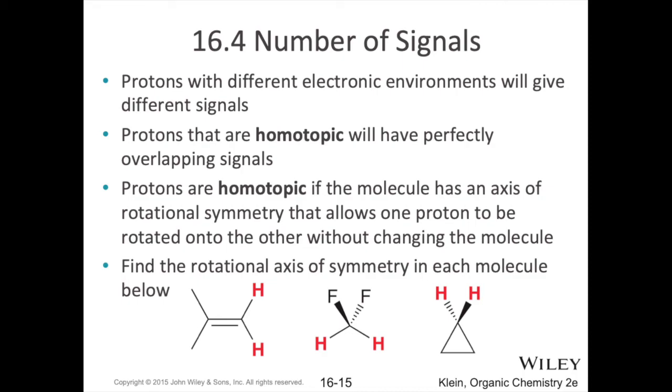Now, how are protons symmetrically similar? There are 2 different ways we can look at this: homotopic and enantiotopic. So what do we mean by homotopic? Two homotopic protons are related to each other if there is a rotational axis that allows them to be swapped out.